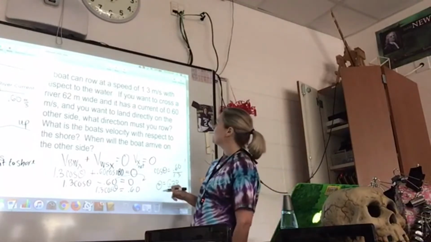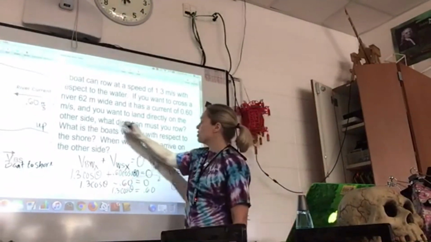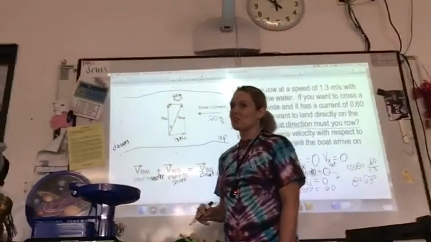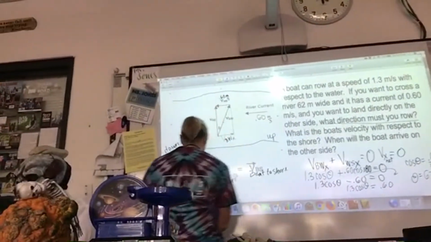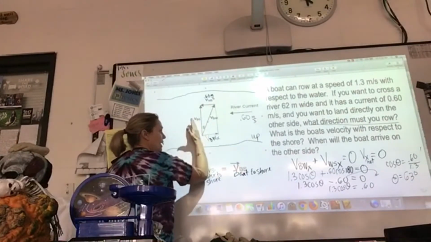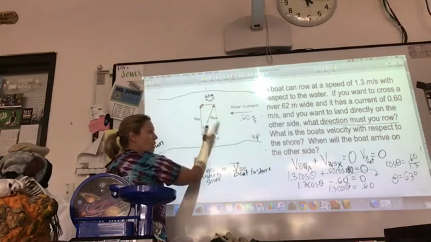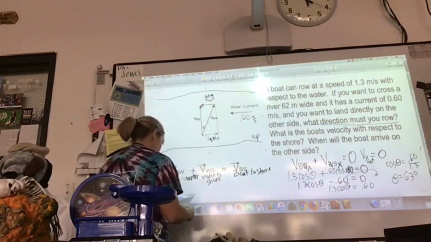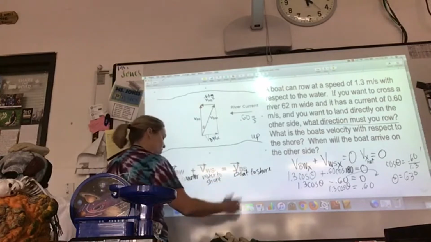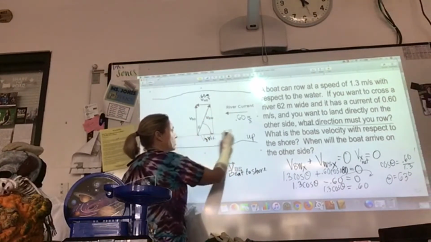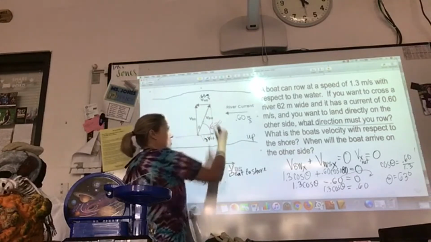But that is not how, when we say what direction must you row, in river speak, that's not how we answer. Do you know how we answer? I want to know what is our angle upstream. Didn't we learn if we use cosine and sine, it always gives you this from a horizontal? This is 63 degrees.